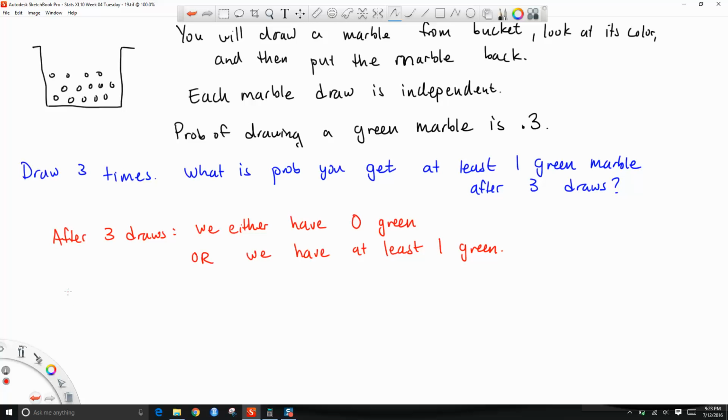So that means the probability of 0 green plus the probability of at least 1 green is equal to what? 1. This covers all possible scenarios, right?